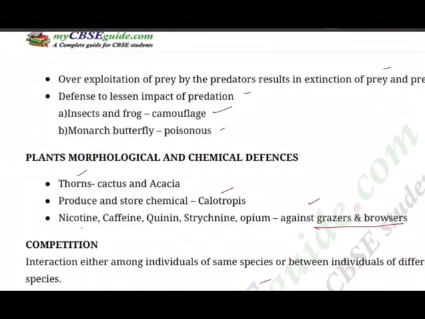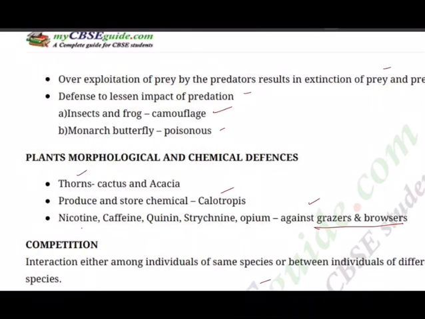First one is mutualism: mutual, between the two, beneficial, plus plus. When two different species populations interact in such a manner that it is beneficial to each other, this form of interaction is called mutualism. For example, lichens are the classic example of mutualism, wherein algae and fungi both benefit each other.